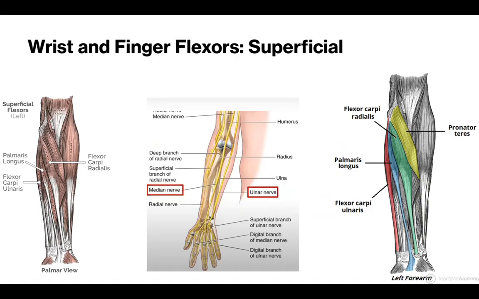To draw some connections or just commonalities between the three groups on the anterior side of the forearm, the superficial group and the intermediate group all have the same origin. And if you're looking at your lab manual, you'll see that it's abbreviated with MEH. What that's standing for is medial epicondyle of the humerus.